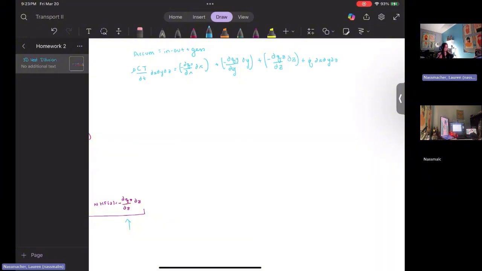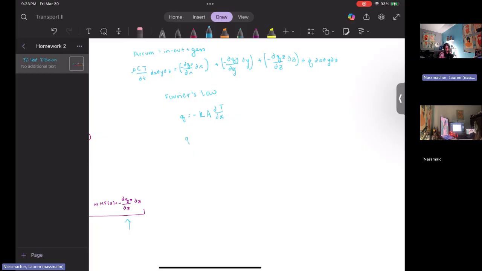In order to simplify this equation even more, we can use Fourier's law. Now, Fourier's law states that our heat flow is equivalent to negative thermal conductivity multiplied by our area multiplied by our change in temperature over our change in distance.